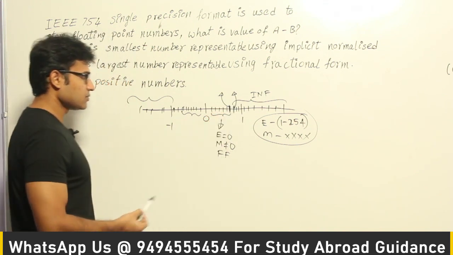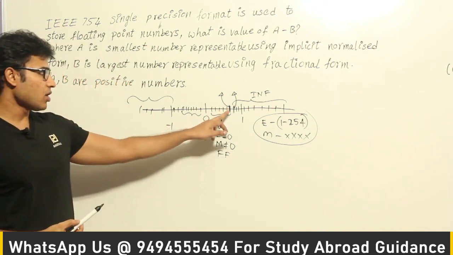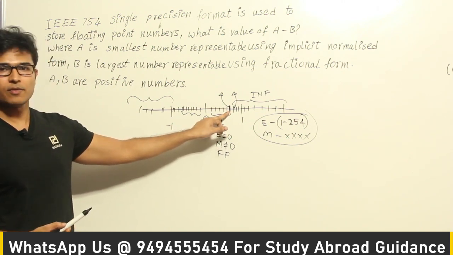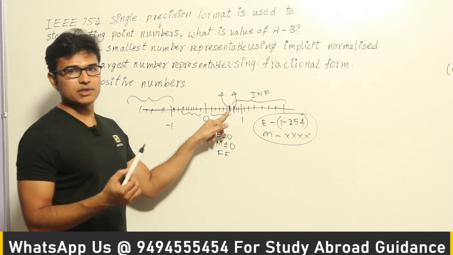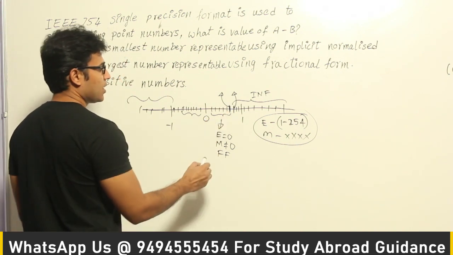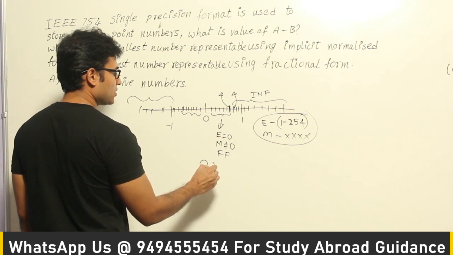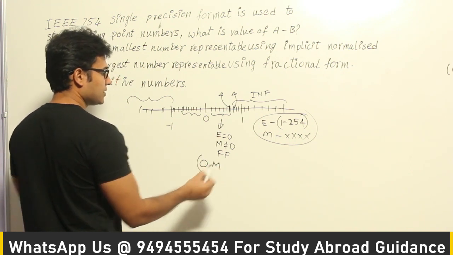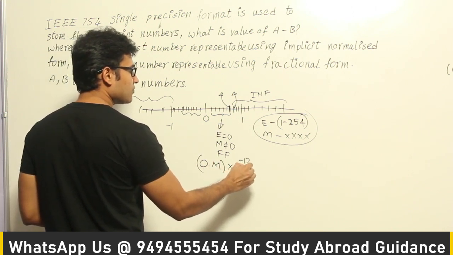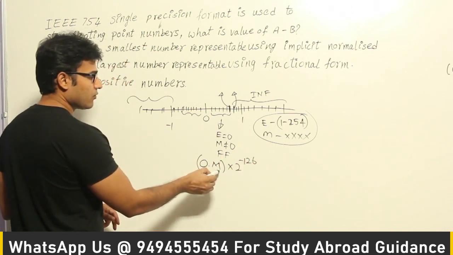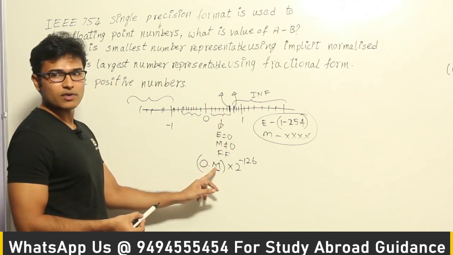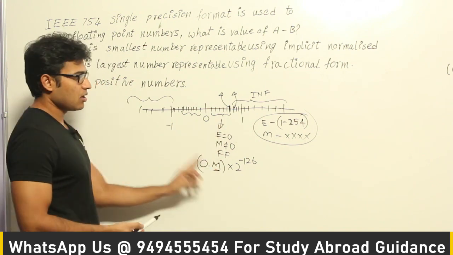In order to find the difference between these two, you have to find out what is the maximum number represented using the fractional form. For fractional form, you know that the formula is 0.m into 2 power minus 126. To get the largest number, I have to put all ones in the mantissa.